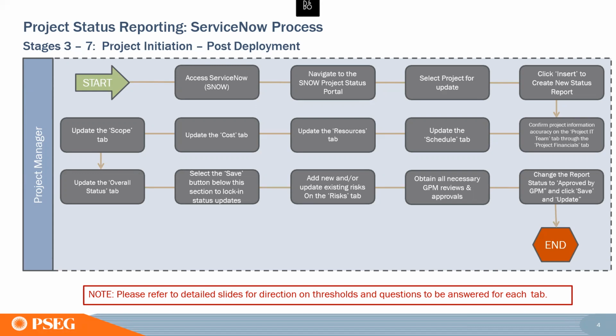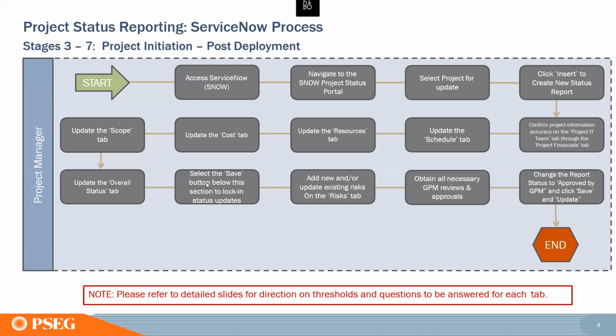The overall process for status reporting is just in ServiceNow is where we submit it. So you'll access ServiceNow, navigate, and I have more detailed slides coming. So this is just high level. You'll navigate to project status portal, select your project for update, insert a new status report, update scope, cost, resource, schedule, confirm the accuracy of the additional information that's in there from a financials perspective and just high level overview perspective.